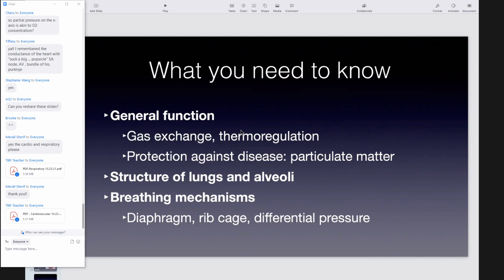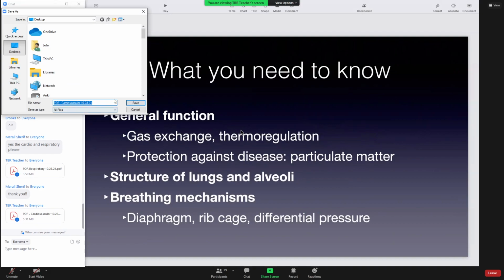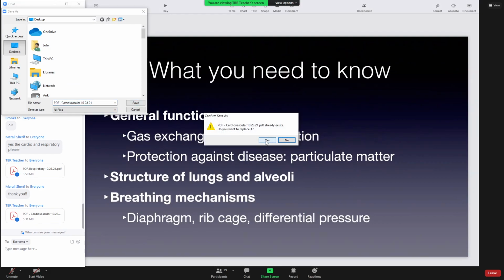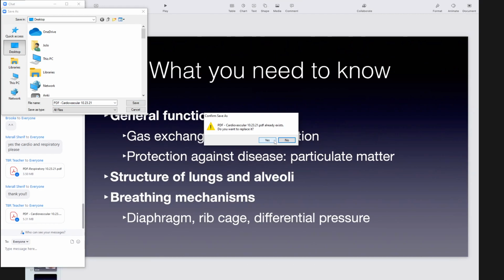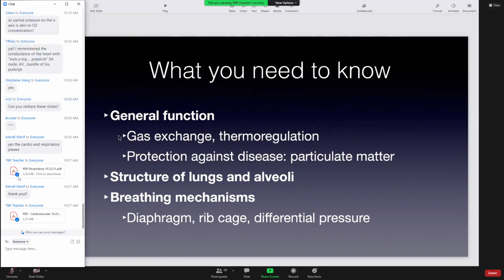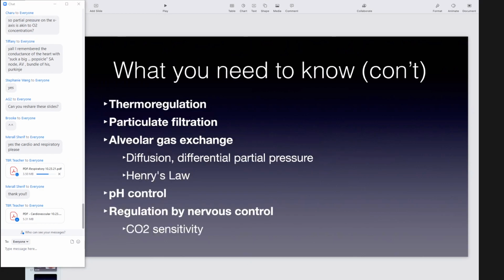So it doesn't get too much love. What we need to know about the respiratory system is its general function. It works for gas exchange, thermoregulation, and protection against disease. It filters the environment for us. So we're going to talk specifics about thermoregulation, alveolar gas exchange, particulate filtration, how breathing affects the pH of the body, and how it relates to nervous control.